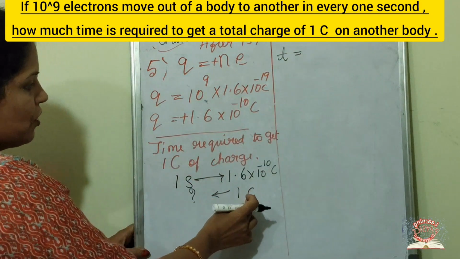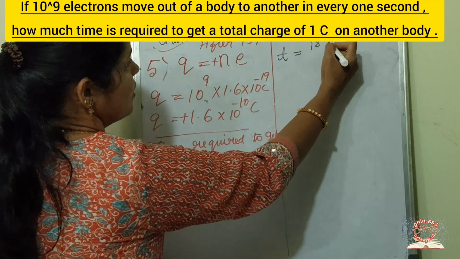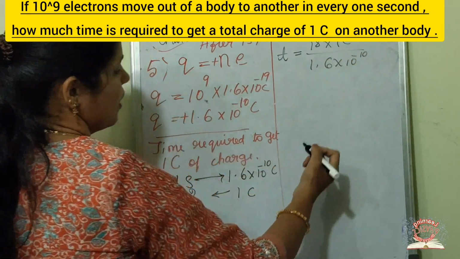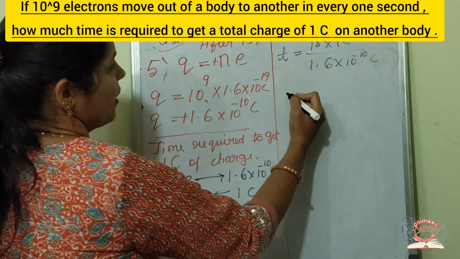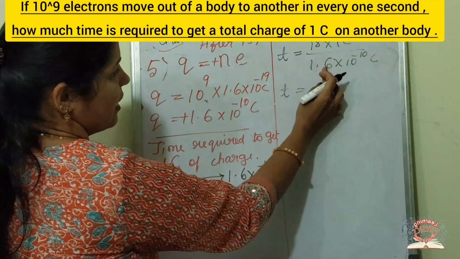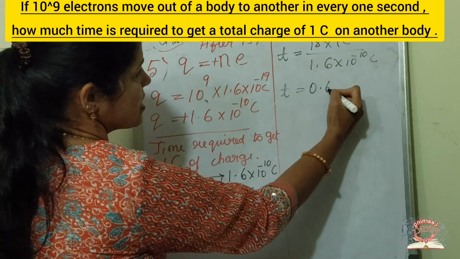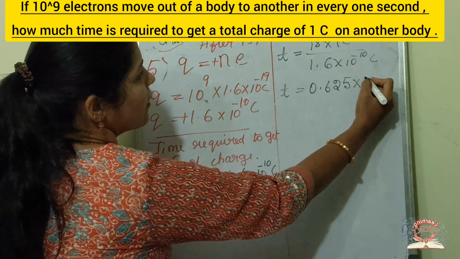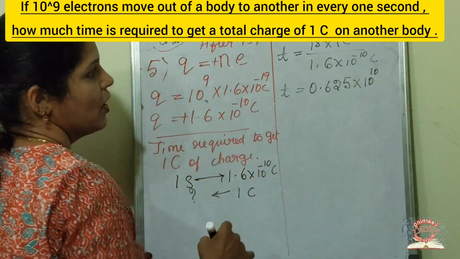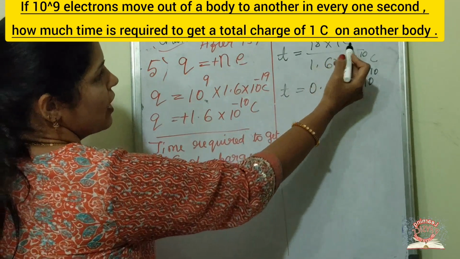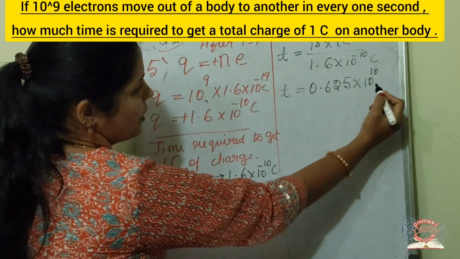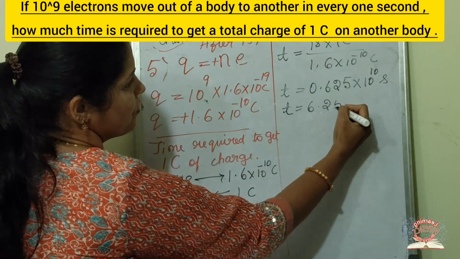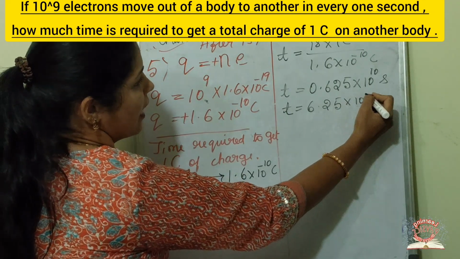So time is equal to, cross multiply, 1 second into 1 coulomb divided by 1.6 × 10^-10 coulomb. So coulomb cancels, and students please remember this, 1 over 1.6 is always 0.625, no need of calculating every time. 0.625 into 10^10. Coulomb gets cancelled, and you are going to get the answer in seconds. So time is equal to 6.25 × 10^9 second.